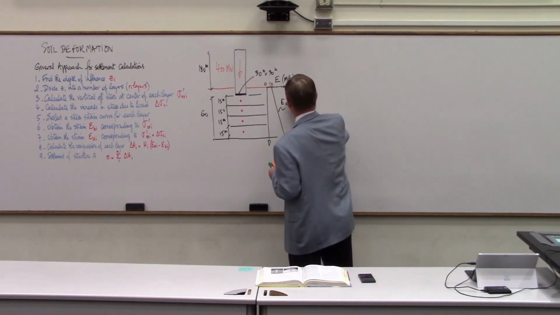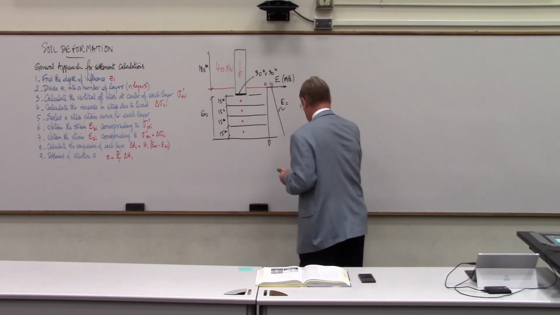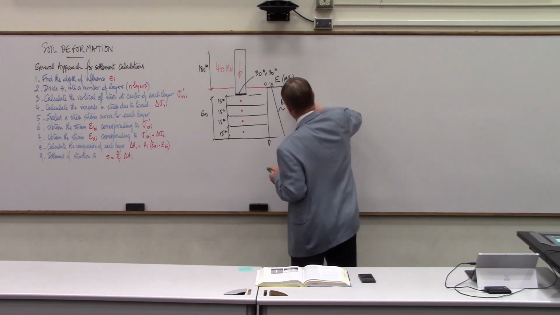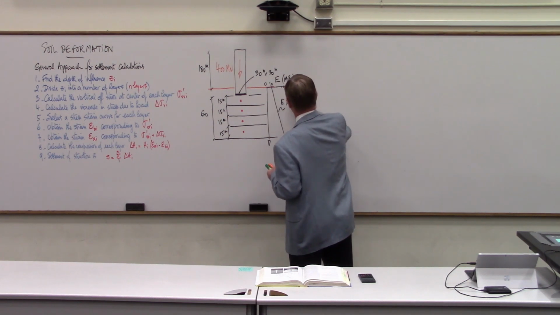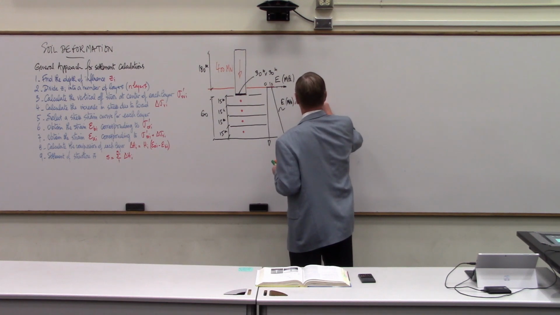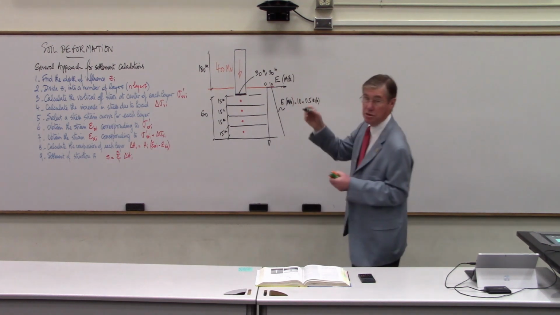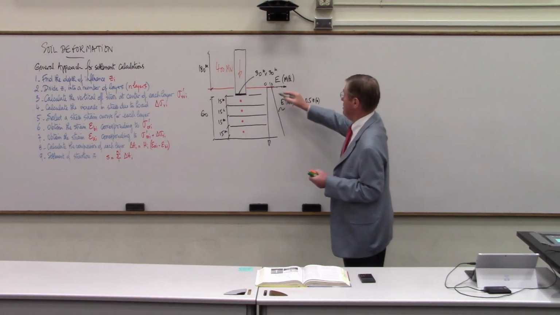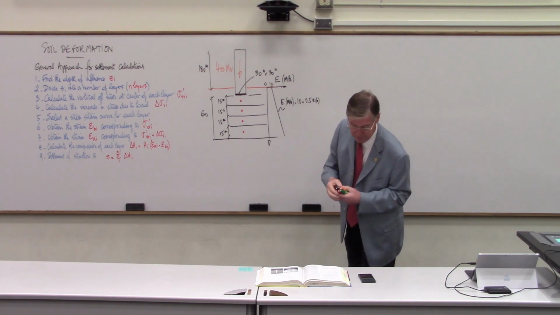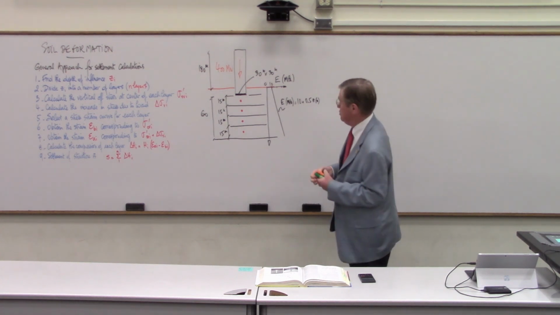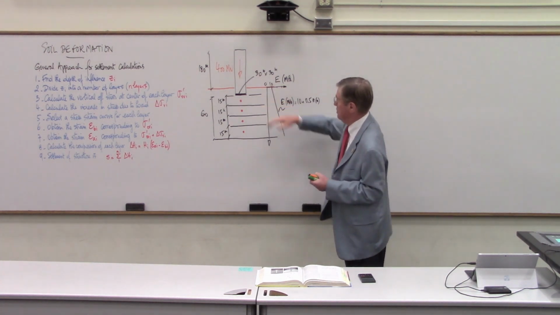So E in megapascal equals 10 plus 0.5 Z in meters. Okay, so that's the equation that gives me E. So that way I can get E anywhere I want, including the points in the center of each layer.